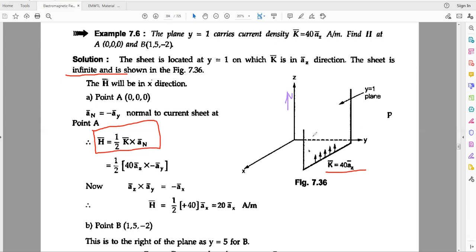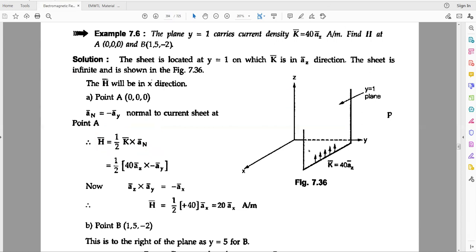Y is equal to 1 means it is in the negative direction from here, so minus AY bar. AZ and AY, the cross product: Z and Y is not in order, so we get minus AX bar. Already the minus is there, minus becomes plus. So 1 by 2 into 40 AX bar, H bar is equal to 20 AX bar at the point 0, 0, 0. Okay, my dear students.